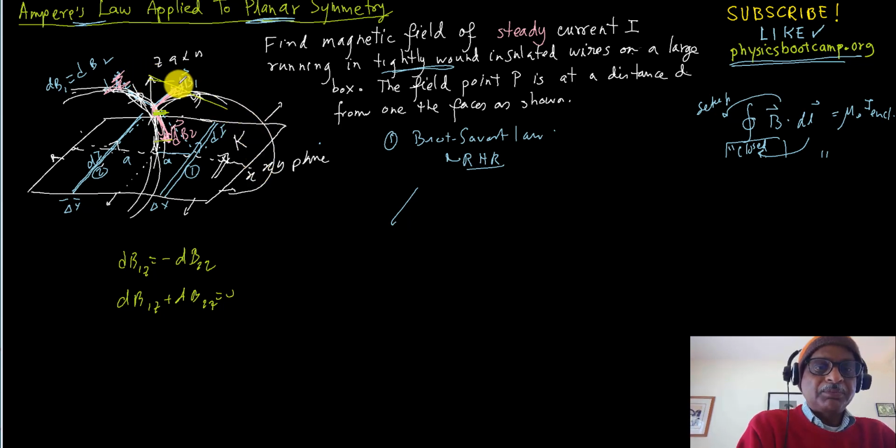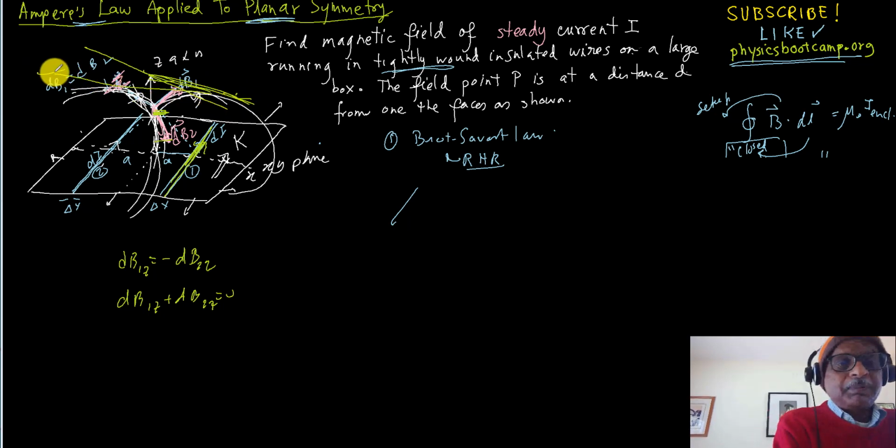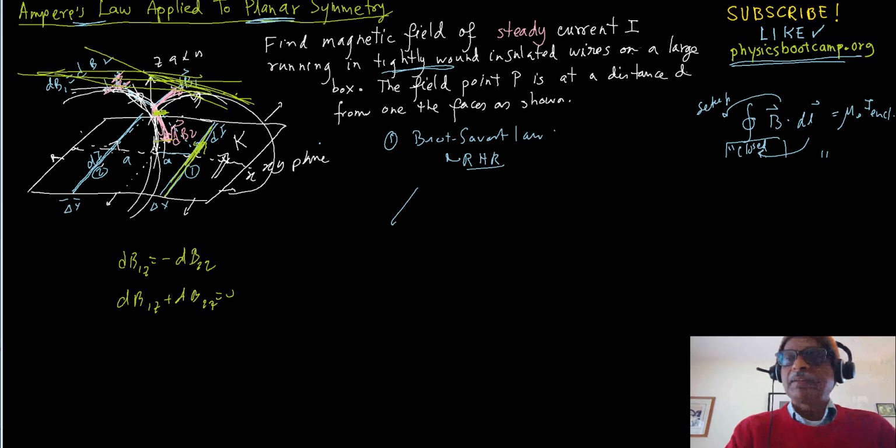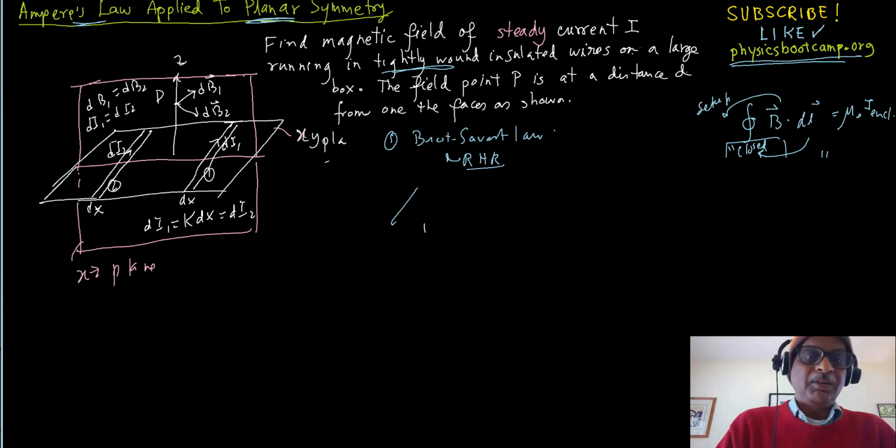Current is going along the y-axis. So if you look at the xz plane, it's going to be like that. Oh, sorry, but let me erase this. And okay, so I got some cleaned up here. So in pink here, there's the xz plane.